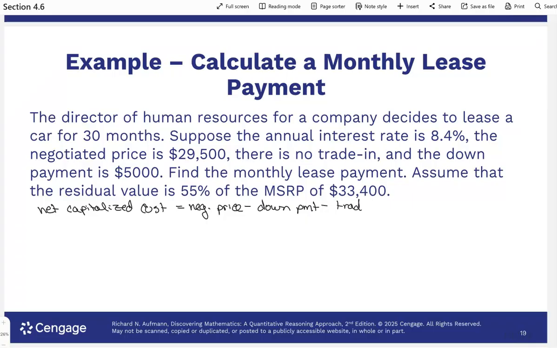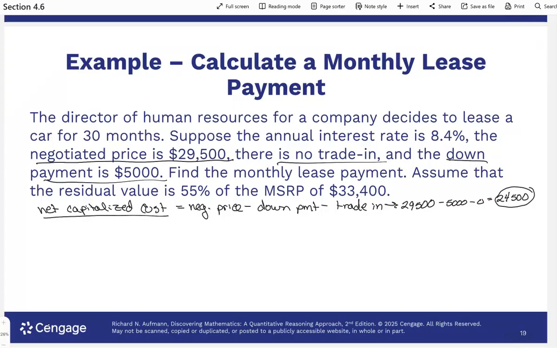So that negotiated price is $29,500. The down payment was $5,000. And there's no trade-in value, so 0 there. So if I subtract those, I'm going to get $24,500. So there's my net capitalized cost.